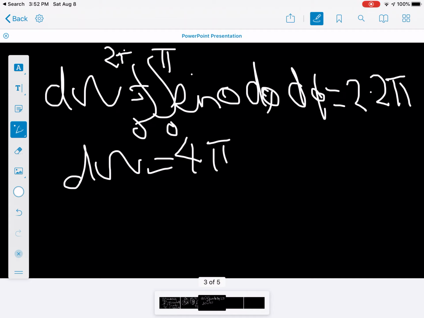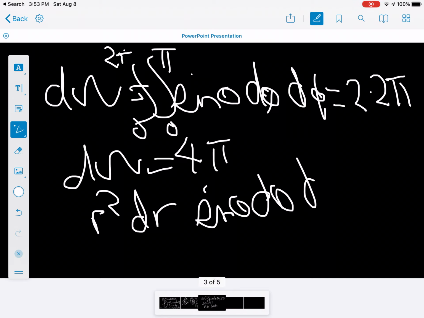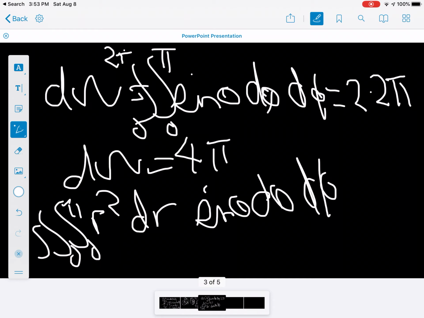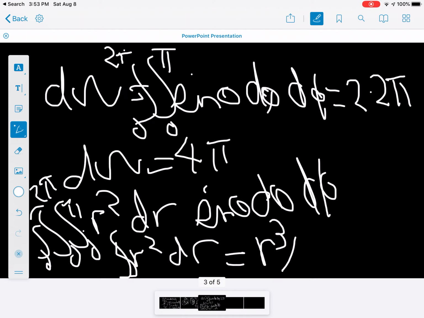Then you've got the radial part, so you get r squared dr times sine of theta d phi, again 0 to pi for theta, 0 to 2 pi for phi, and let's say 0 to r for the radial part. The r part just gives you r squared dr. Integrate that and you get r cubed divided by 3.